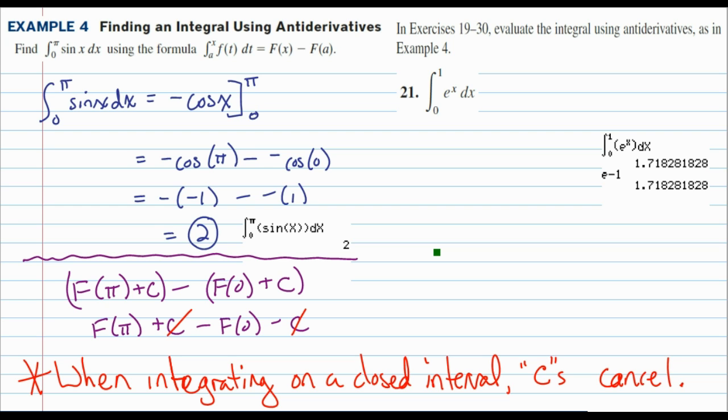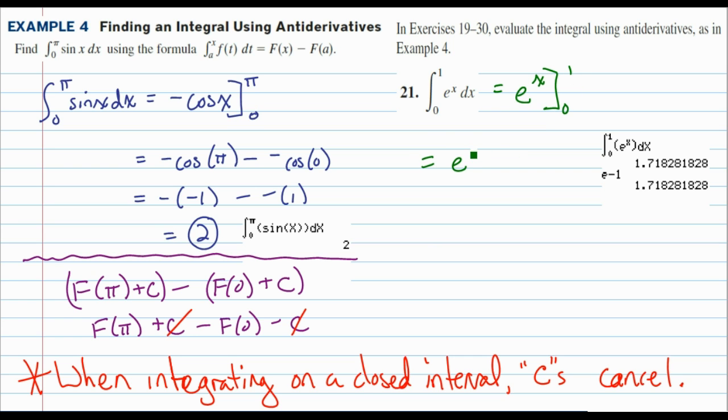Then I'll try problem number 21. It asks us to find the integral from 0 to 1 of e to the x dx. I'm just going to do this one straightforward, not going to mess with all the fancy understanding stuff like we did in example 4. Once you understand this concept, here is what you will be able to do. The antiderivative of e to the x is e to the x, and we're going to evaluate that from 0 to 1.